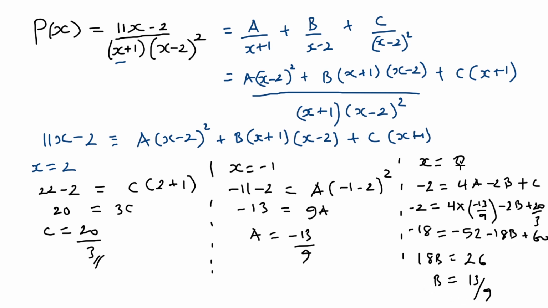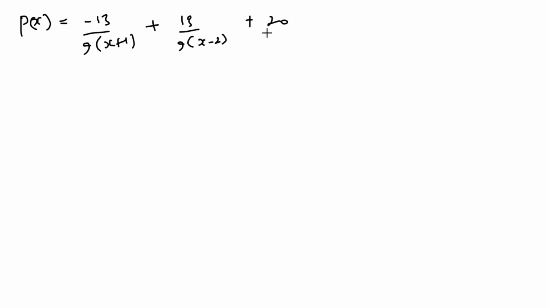So we substitute back in this expression here. So on substituting back, our p(x) will be equal to -13 over 9 into x plus 1, plus 13 over 9 into x minus 2, plus 20 over 3 into x minus 2 squared.